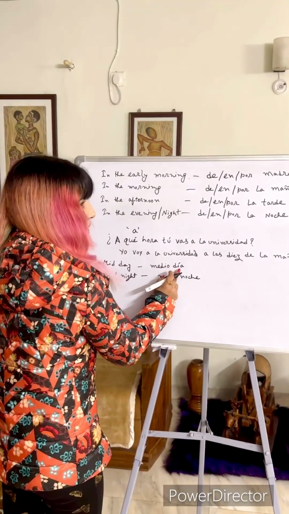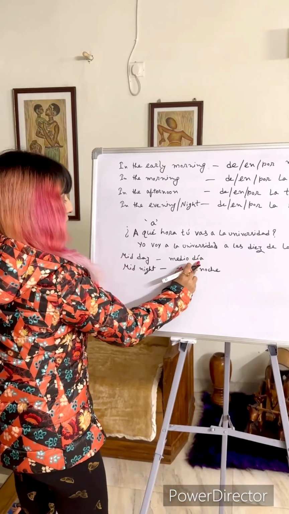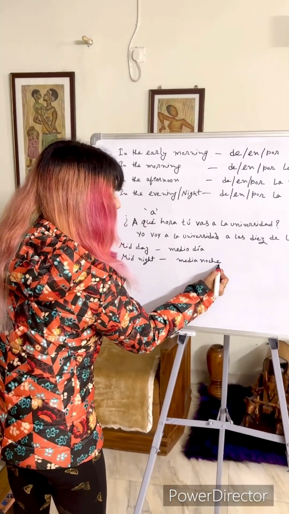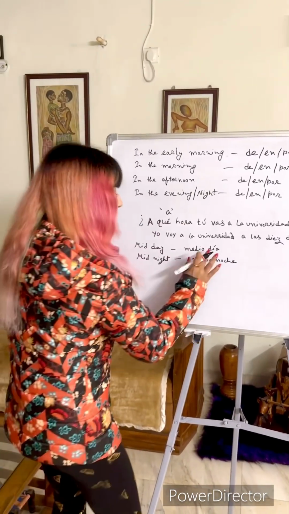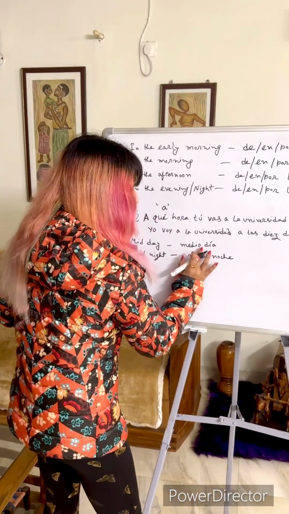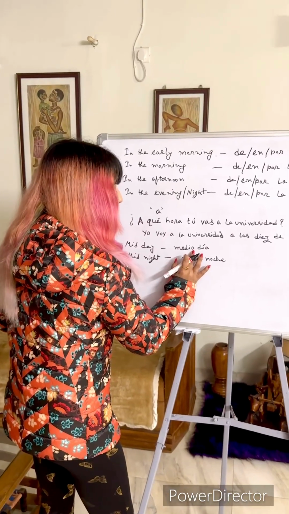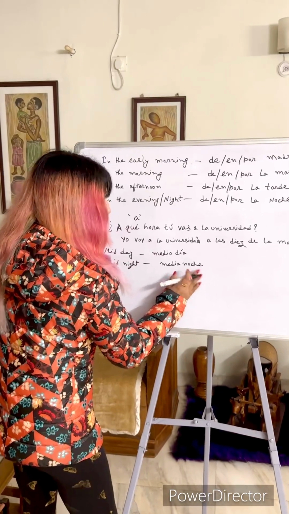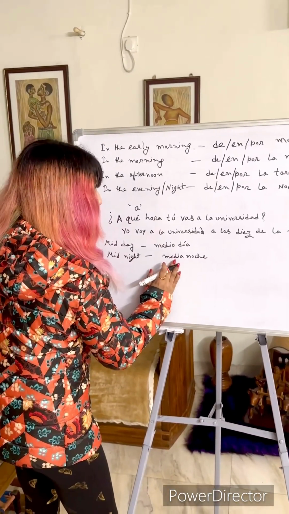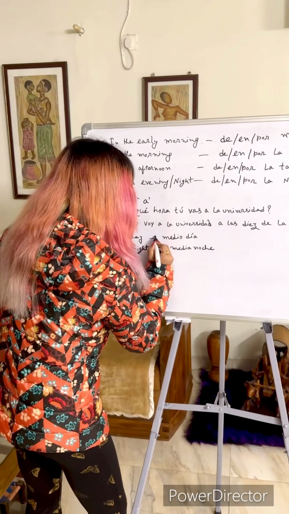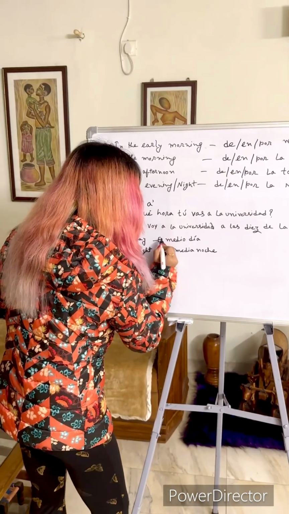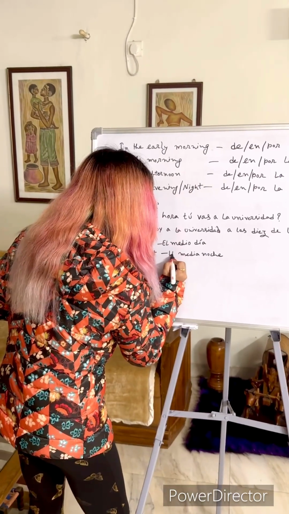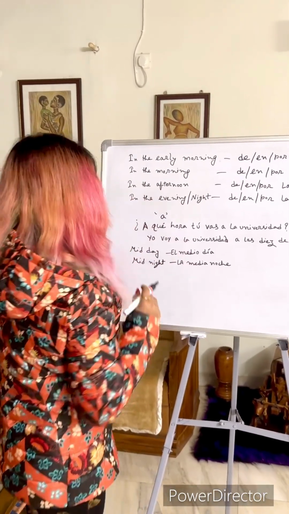Because día is masculine gender, so medio, and noche is feminine gender. Even though they end in a, they both are exceptions. Día ends in a, but it is still masculine gender. And noche ends in e, but it is feminine. So medianoche. The article for día is masculine el, and for noche feminine la: la medianoche, el mediodía.